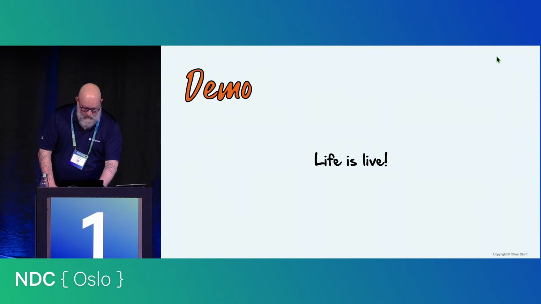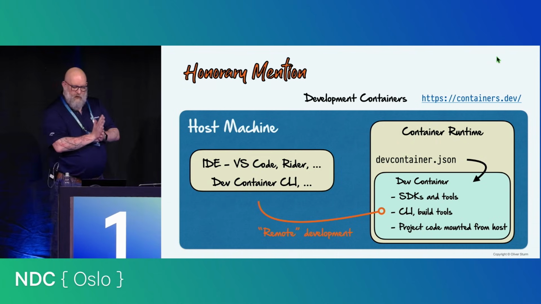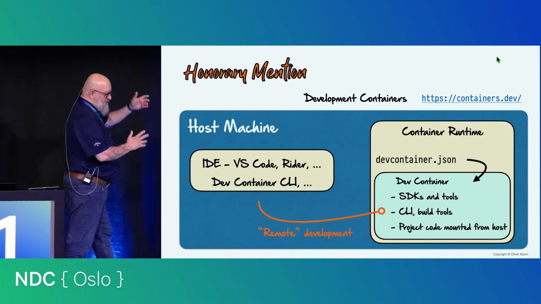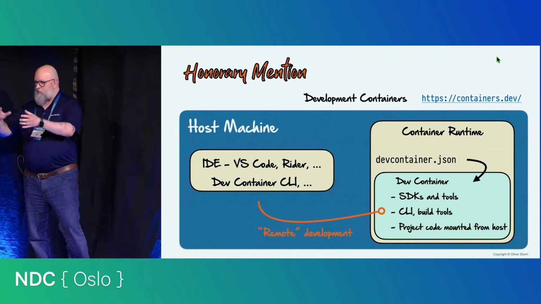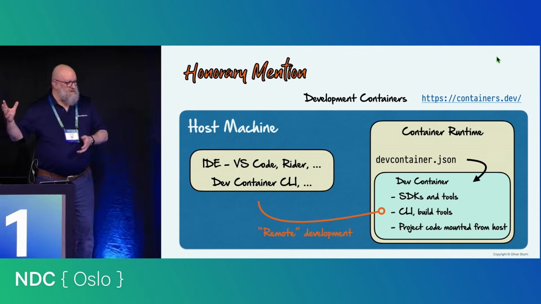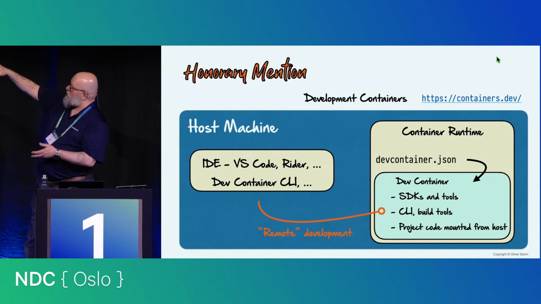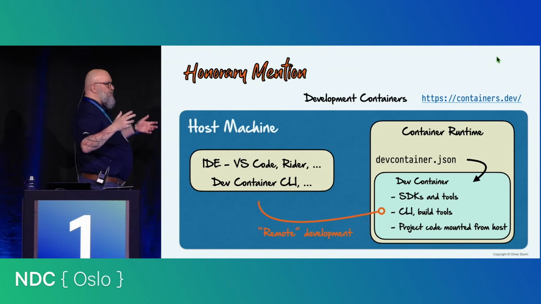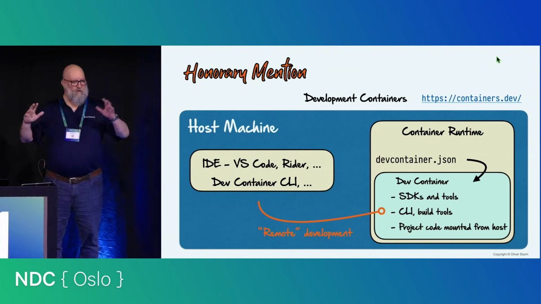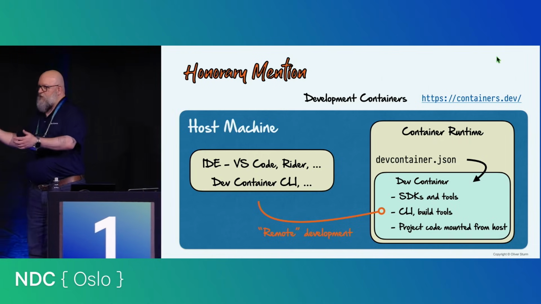I've just got a few more words to say here about development containers. I was mentioning that I knew that we were never going to have enough time to actually look into that as well, so it's separate. It's the idea that you create a specification file, which is this devcontainer.json thing up there, that tells you what a development environment looks like. Cool thing, right? So you can totally check that into source control and share it with other people.